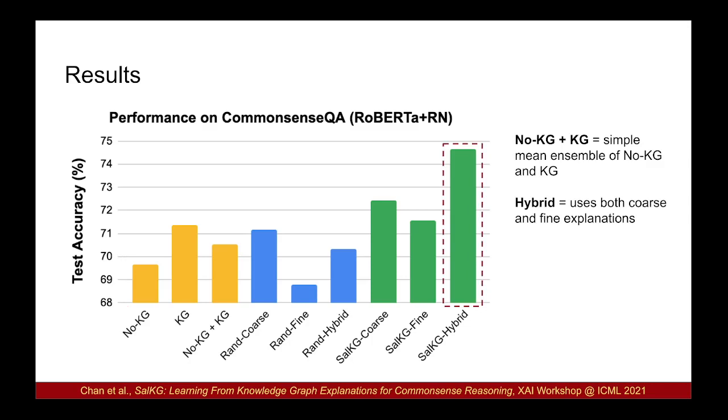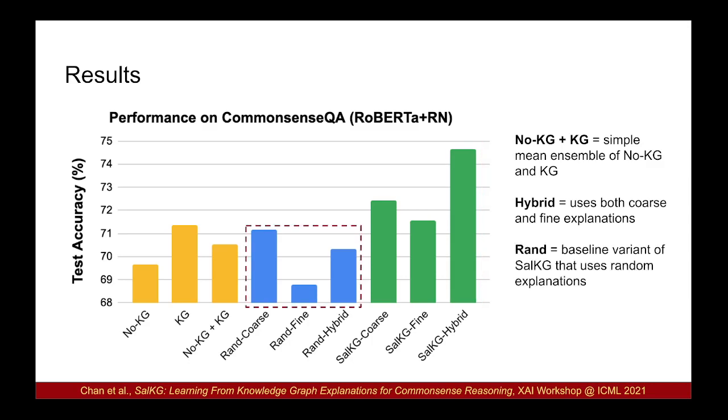Furthermore, hybrid is a variant of SalKG that uses both coarse and fine explanations. And finally, RAND is a baseline variant of SalKG that uses random explanations.